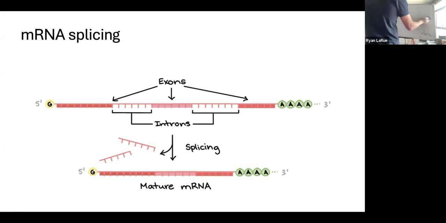But really, it's just this fact that in eukaryotes like us, after messenger RNA is produced by transcription, it undergoes this splicing process.